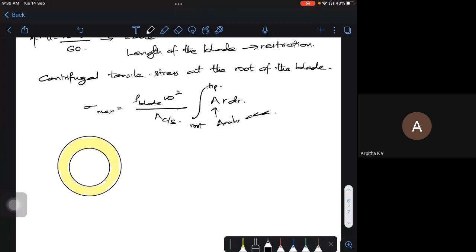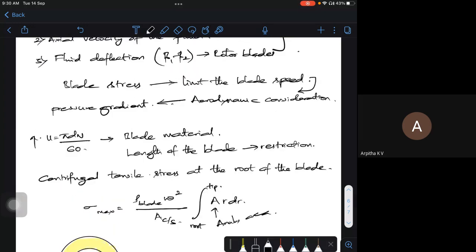To be very precise, they call that the hub to tip ratio. If I try to be very specific, this hub to tip ratio should be related to your tip speed. What is it? Pi D N. I can write it in terms of D by 2, so this will become pi 2r into N. So your U is proportional to your r.